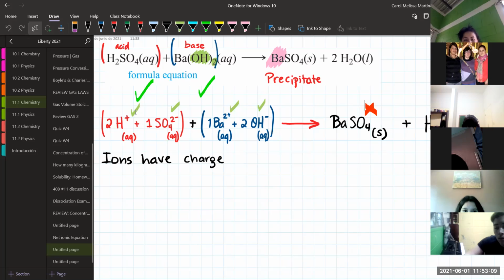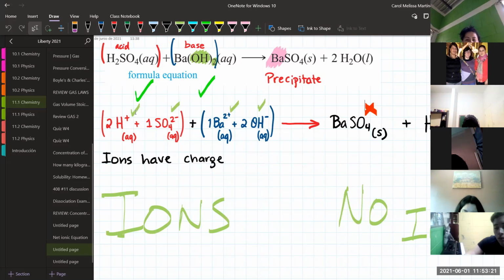So this means that here I have ions, but in my products I don't have ions. So what can we do when this occurs?